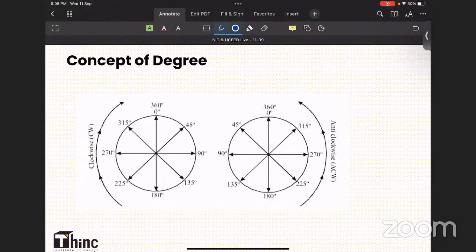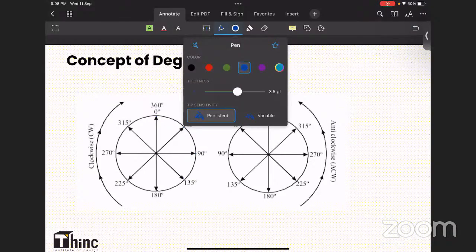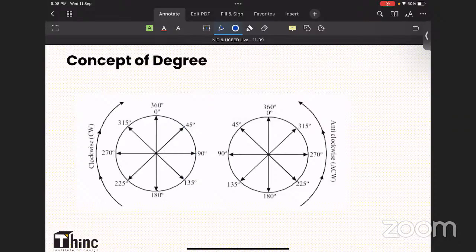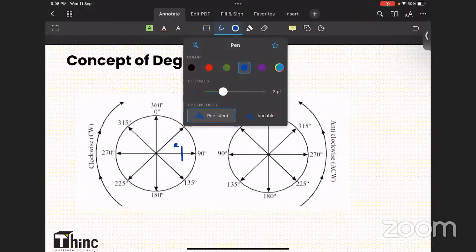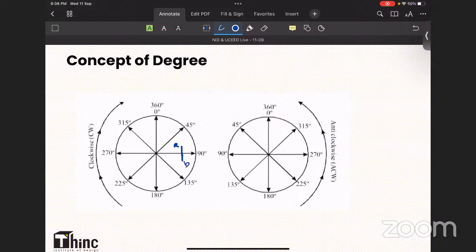So let's see how we will rotate a line. Let me take a line here. We have a line which is present over here. You can call the line with the name AB. So AB is the line with us. Just focus on the line AB.